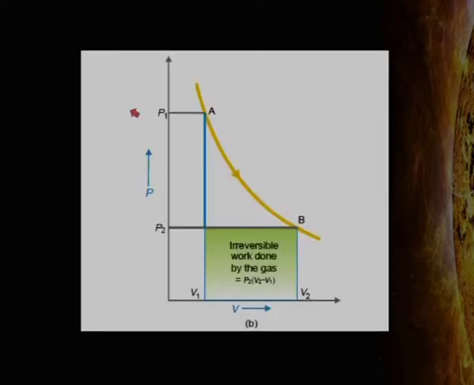If the expansion is performed irreversibly by suddenly reducing the external pressure from the initial state P1 to the final state P2, the irreversible work is given by minus W irreversible equal to P2 multiplied by V2 minus V1. This work is shown by the shaded area in figure B.